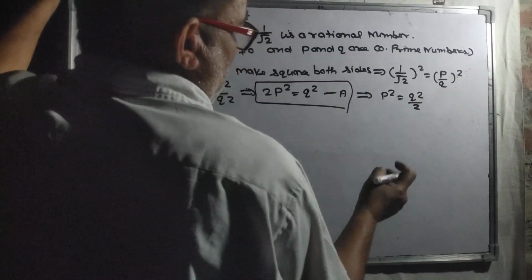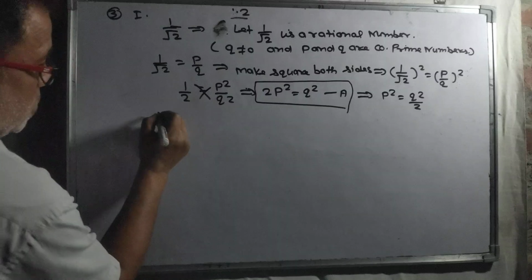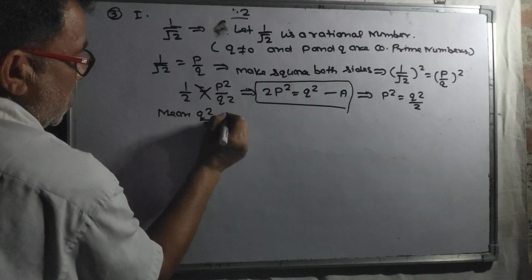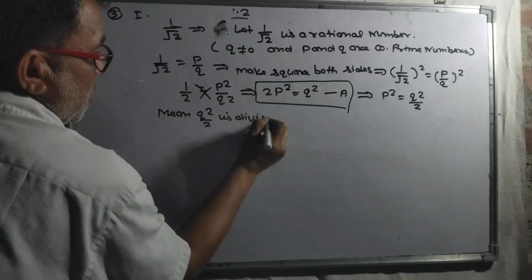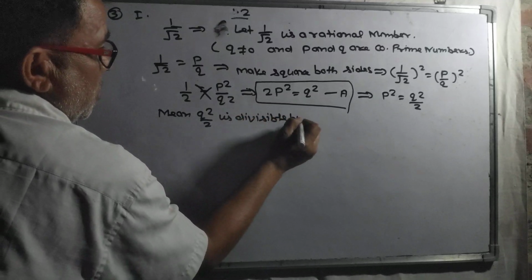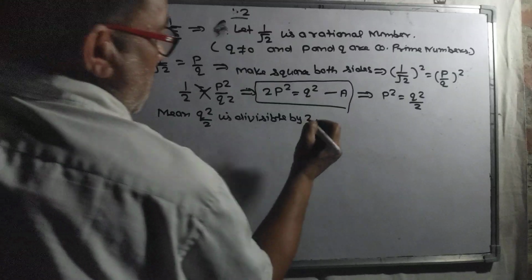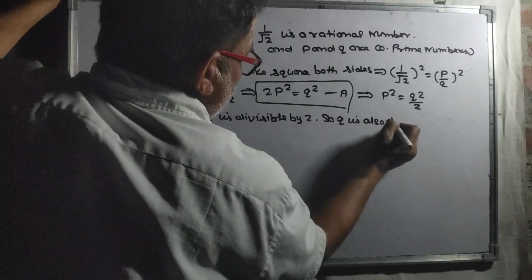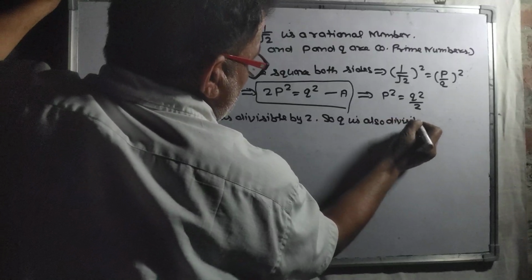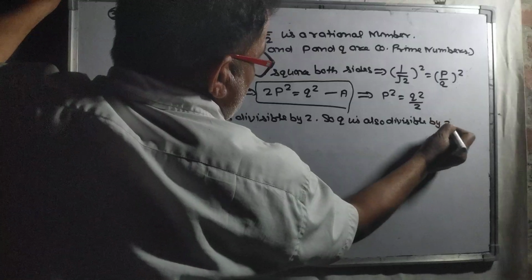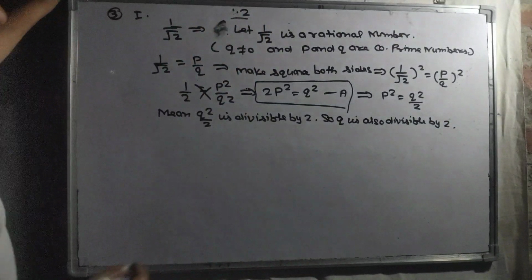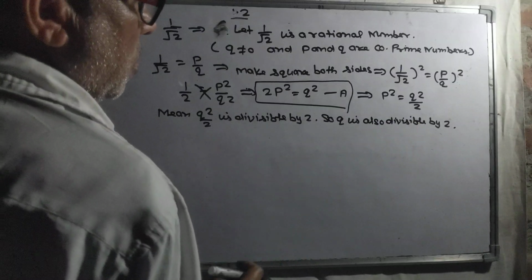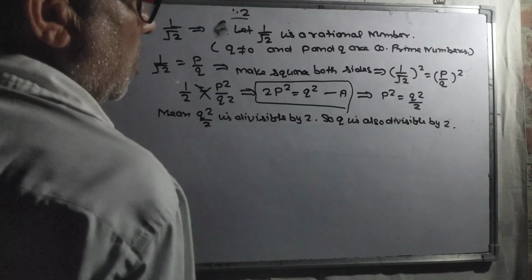Q square upon 2 means q square is divisible by 2. So q is also divisible by 2. First condition. Now I will take q as 2c, because q is a multiple of 2.